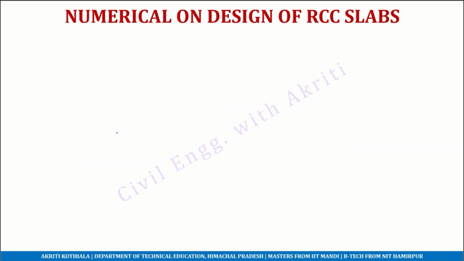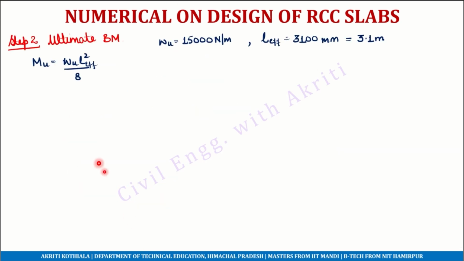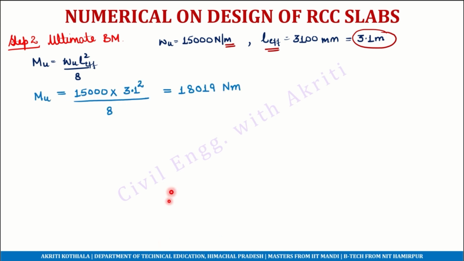Now moving on to the next step, ultimate bending moment. This is given by the formula Mu is equal to W L effective square upon 8. In the question we've been provided a factored load of 15,000 Newton per meter. Because these units are in meter, we will be using the value of L effective also in meter, which is 3.1 meters. Substituting these values, Mu is computed equal to 18019 Newton meter.